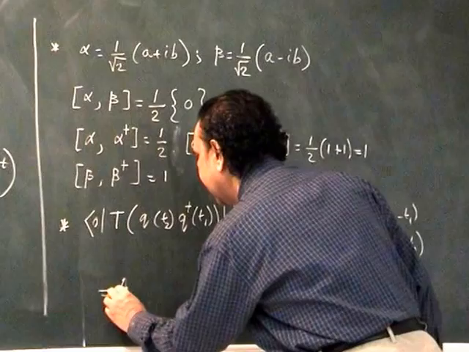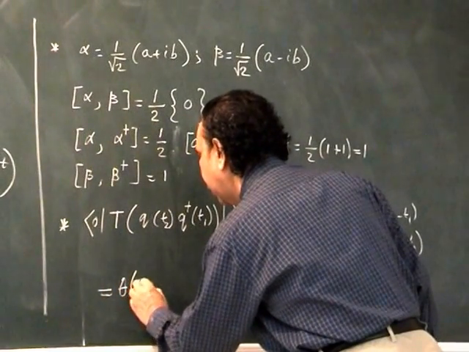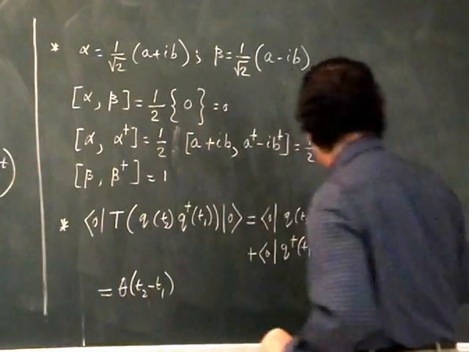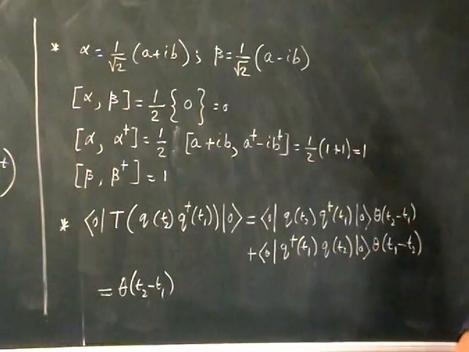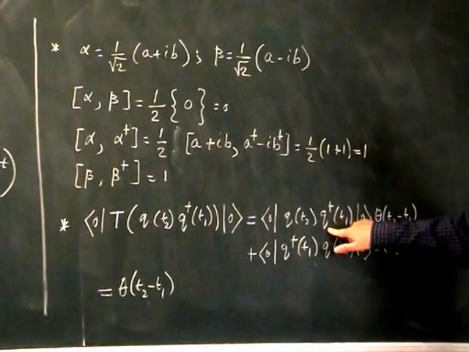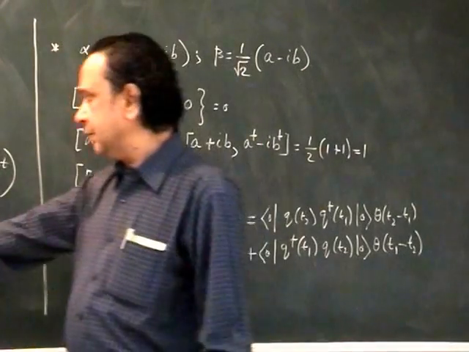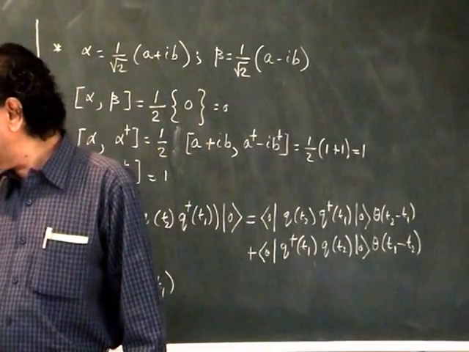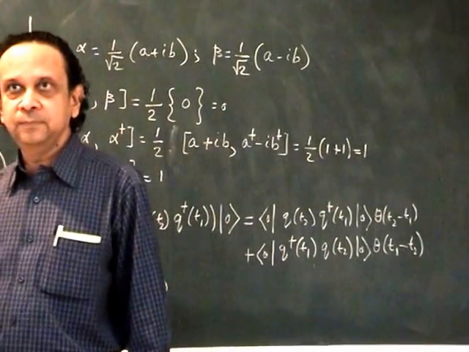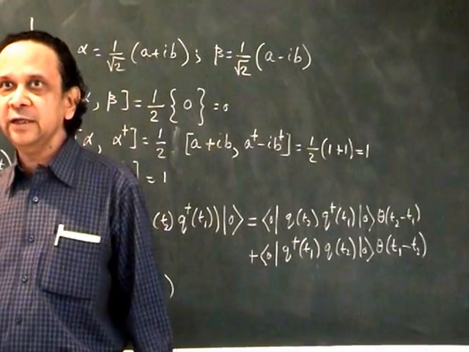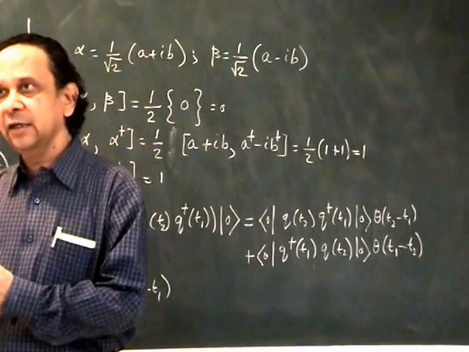So we start with theta of t2 minus t1, this one, and we want to look at this. So I have a Q dagger acting on the ground state. So Q is this. So Q dagger will have an alpha dagger and a beta. Beta is like an annihilation operator, so that is not going to contribute acting on the ground state.